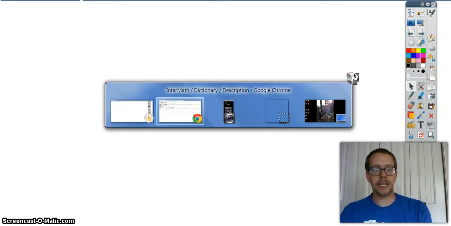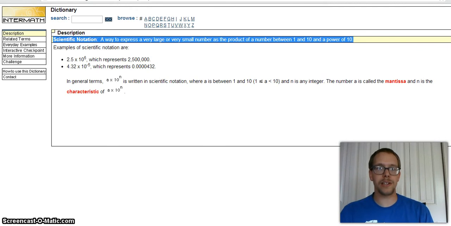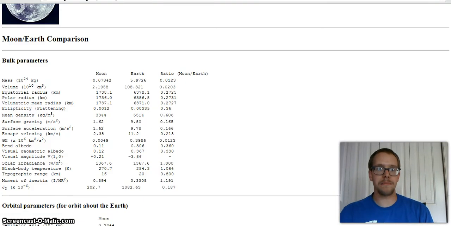I looked online and found the ratio of the mass of the moon to the earth, and it turns out that the moon's mass is about 1% of that, or about 1/100th of that of the earth.